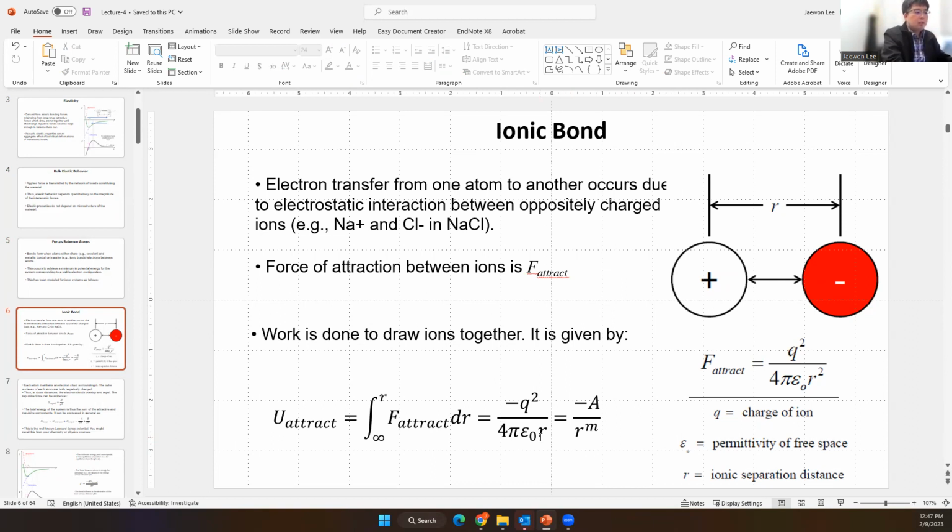It depends on the distance. If they have a very long interatomic distance, this attraction force could be reduced.